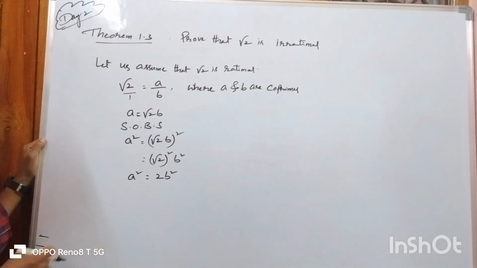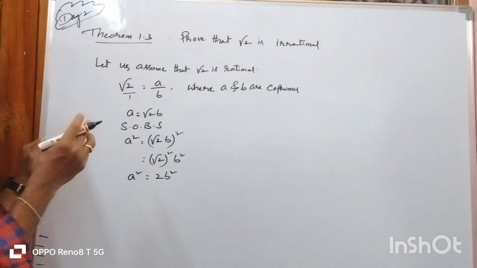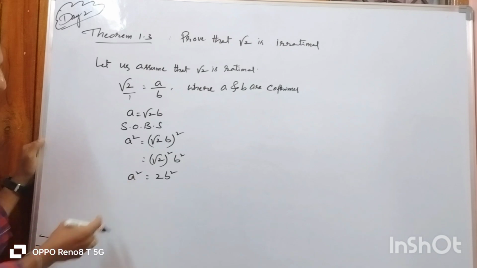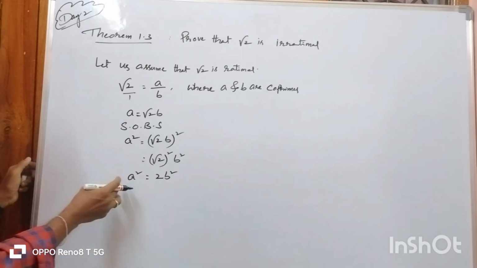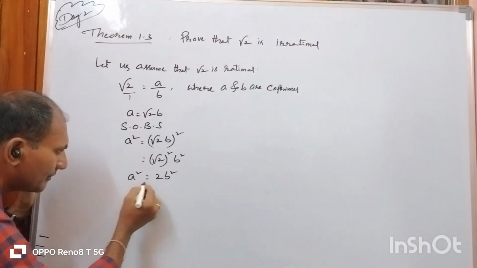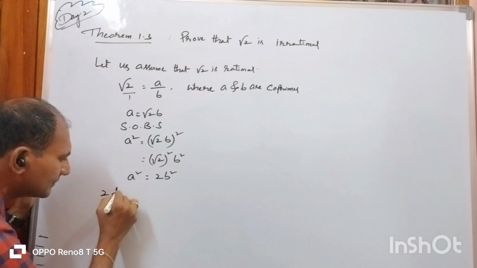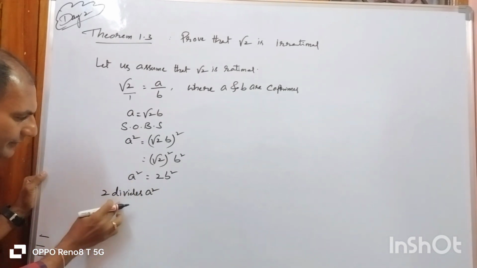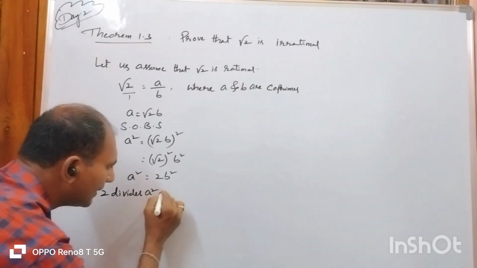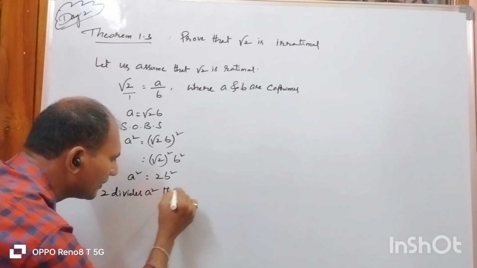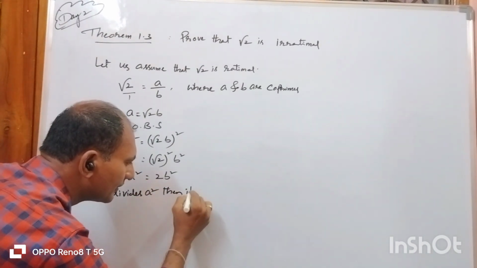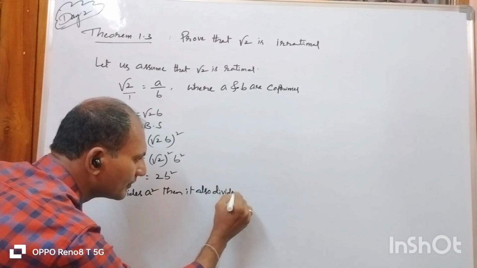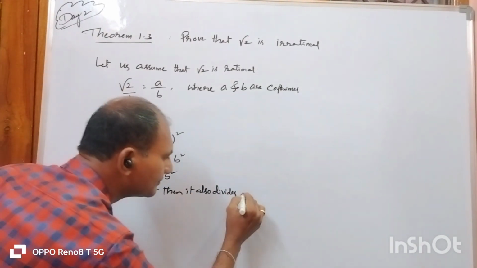a square divided by 2 means, by the theorem we discussed, based on that, a square means 2 divides a square. Then it also divides a.